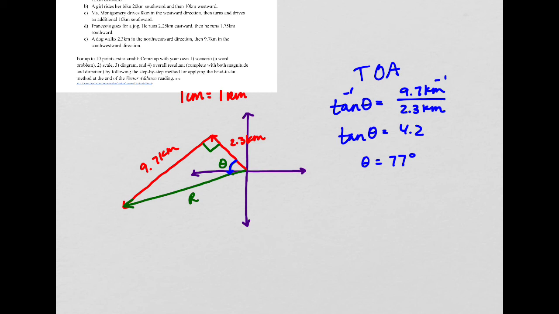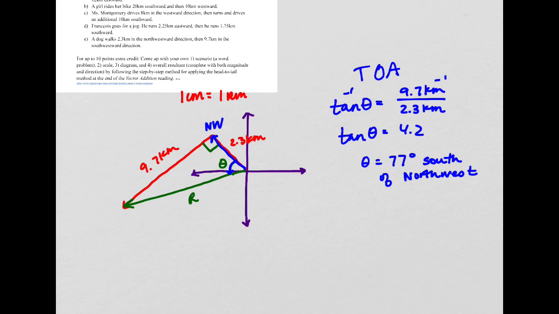This is in the south, right? Because this is under the westward one here. So we would say south of northwest, because we're starting at northwest. This is pointing in the northwestern direction, and we're going south.